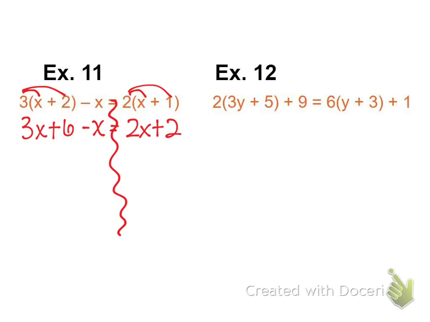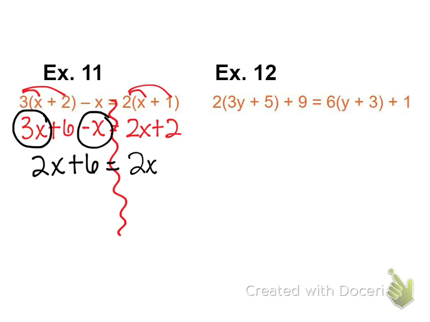What can combine? 3x minus x. Good. 2x. The plus 6 stays the same. There was nothing to combine with it. Is there anything to combine on the right side? No, so it stays the same.